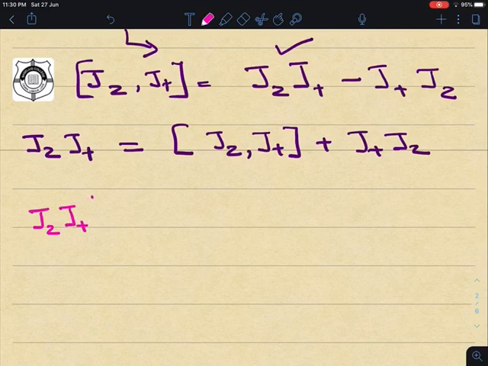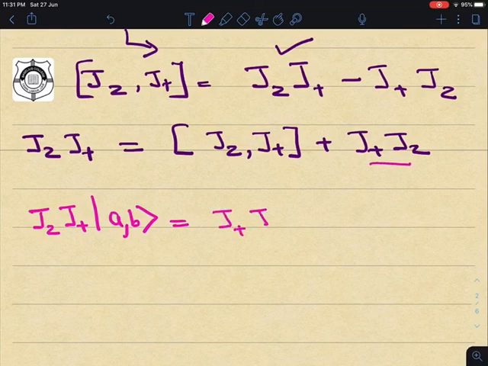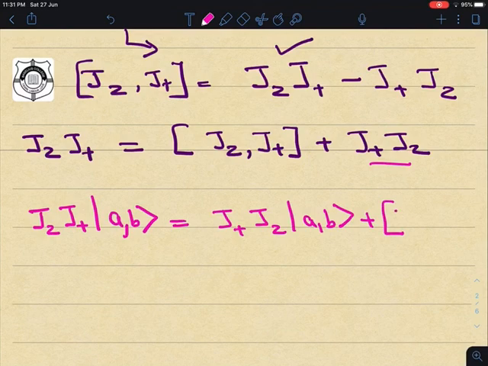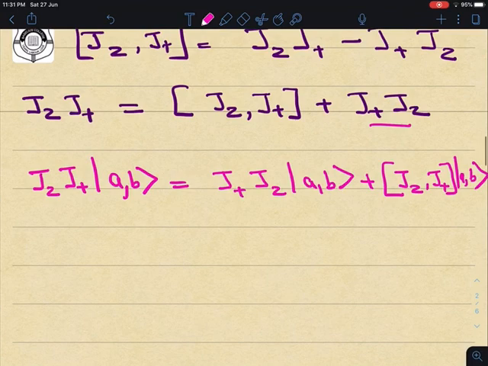Now we apply this upon our eigenket ket ab, which we have called the simultaneous eigenket. So Jz J plus ket ab is equal to, first I'll write this term, J plus Jz ket ab plus the commutation of Jz and J plus on ket ab.